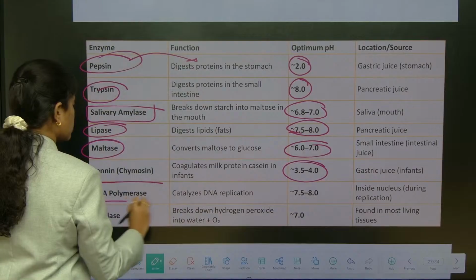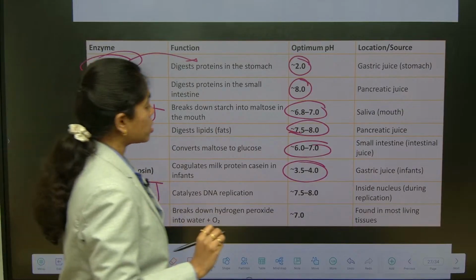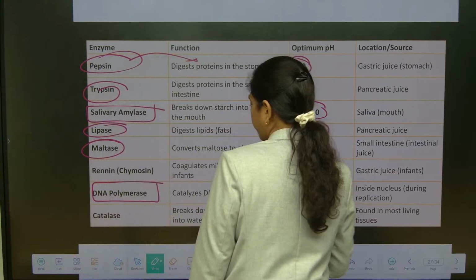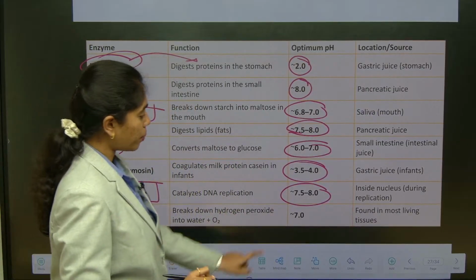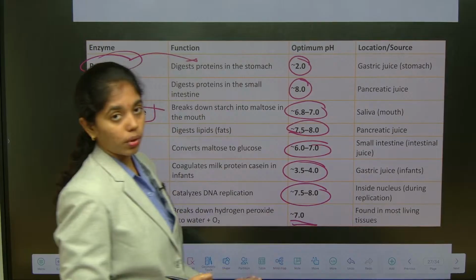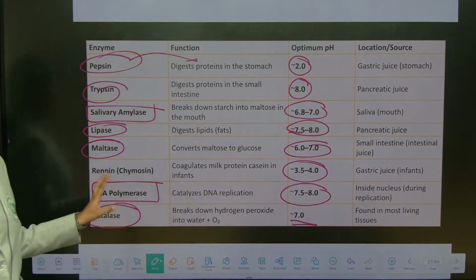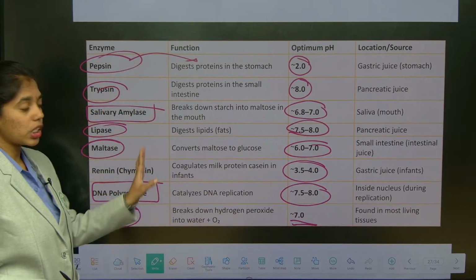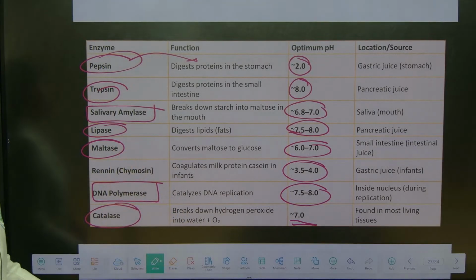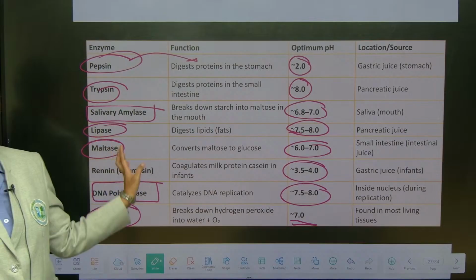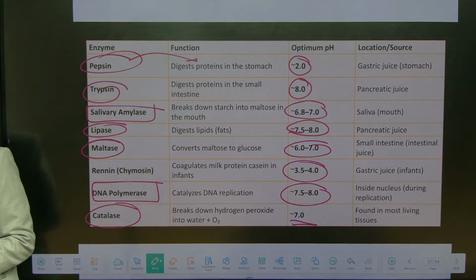DNA polymerase, optimum pH is 7.5 to 8. Catalase, optimum pH is 7.0. So, pH is specific for each biocatalyst based on their location and enzymatic activity. Clear, right? If you want, take a screenshot of this, this will be helpful to you.